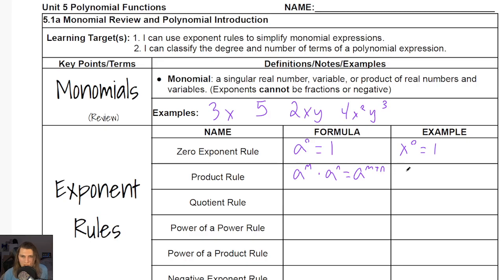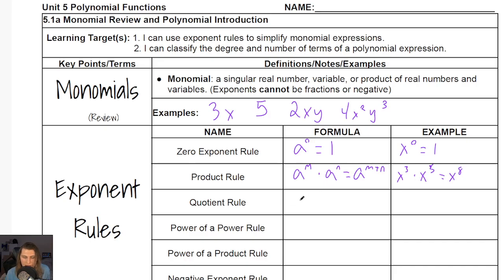If we want to see an example of this, if we have something like x cubed times x to the 5th, our answer is going to be x to the 8th. This is a 5, just want to make that a little clearer. x to the 5th. So when we multiply two variables or two numbers with different exponents, we add the exponents together.